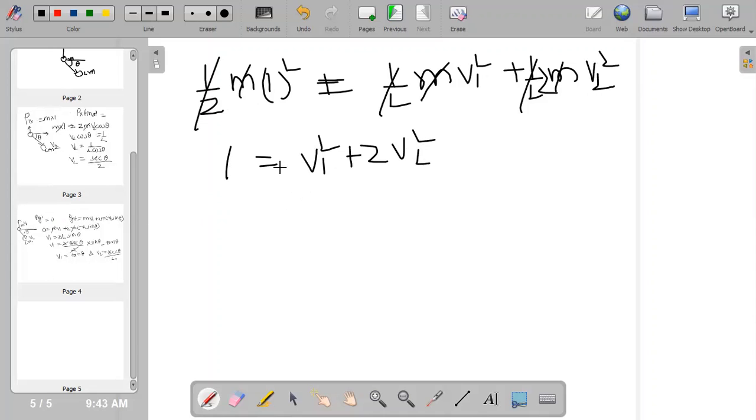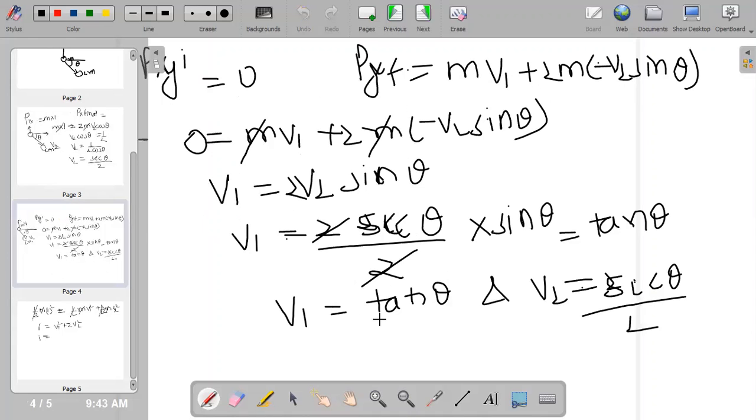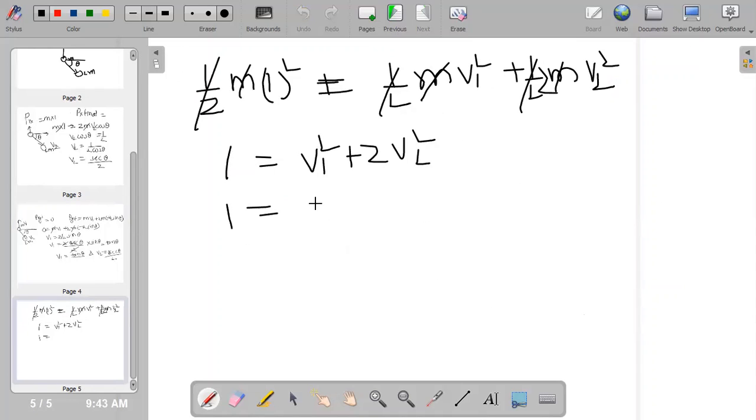Now we have got the value of v1 and v2. So let's write 1 will be equal to v1, which was tan theta, and v2 we have sec theta by 2. So this will be tan square theta plus 2 times sec theta by 2 whole square.